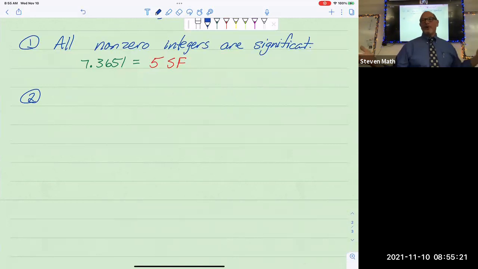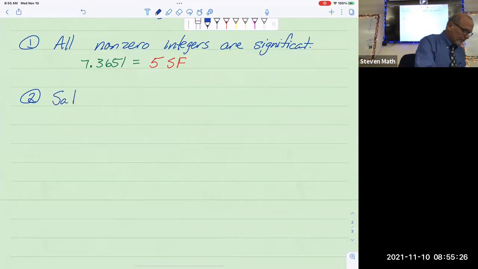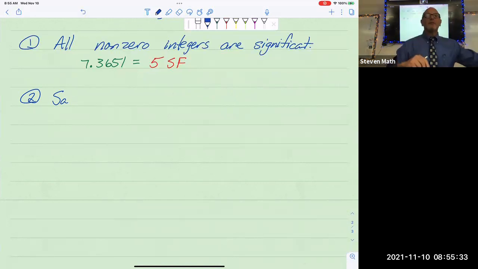The rest of the rules are zeros. Zeros are weird. Why would it have 5?